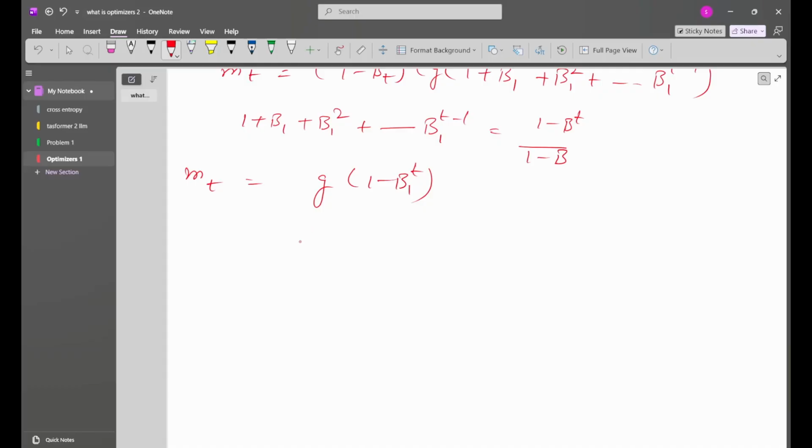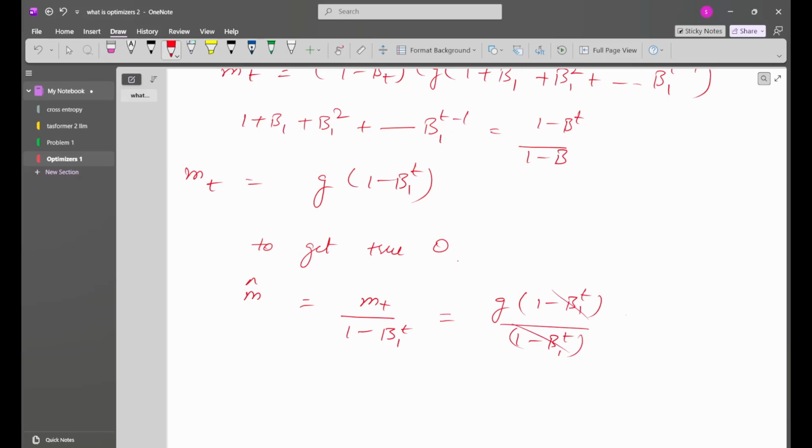So to get the true g, m cap is equal to m_t divided by 1 minus beta_1^t, and we know m_t is equal to g times (1 minus beta_1^t). This could cancel out, and this is g. So bias removed.